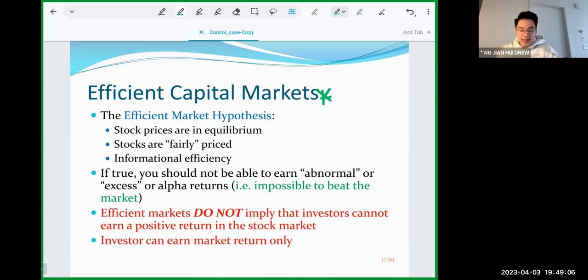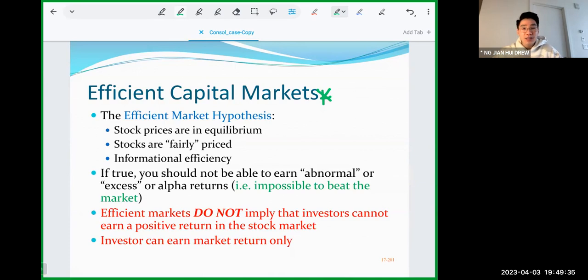So what does efficient market hypothesis mean? In the classic fashion that I like to do it, I would like to tell you the broad intuition first, before we go to all the nitty-gritty details. The broad intuition of the efficient market hypothesis is that as an investor, you should not be able to get excess return on your investment.